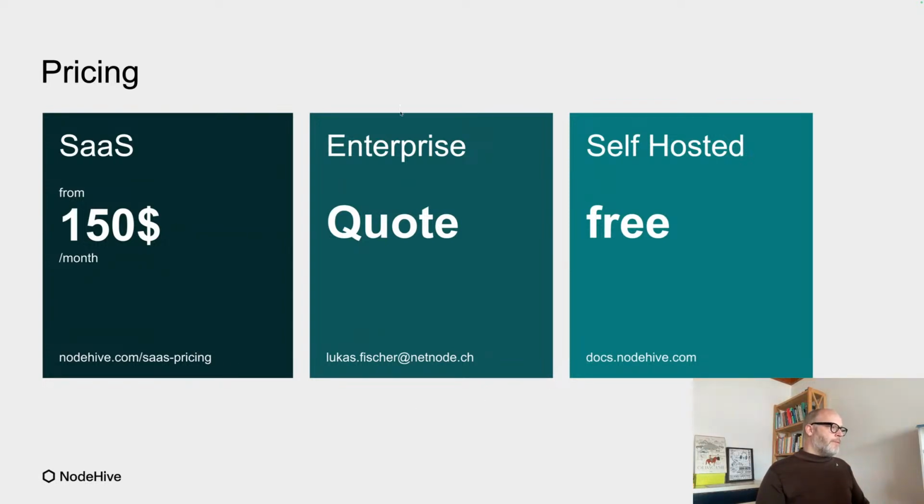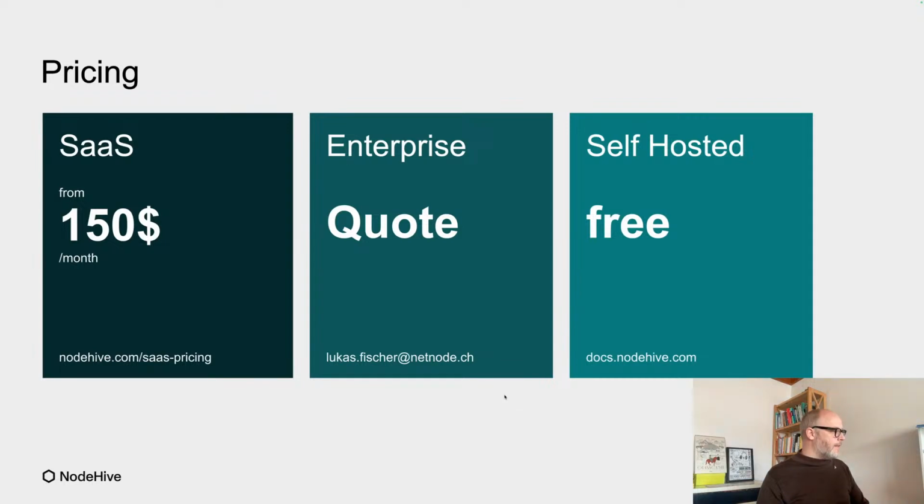If you have an enterprise project, typically we create a quote for that, especially if you have a lot of spaces, a lot of users, and there are additional questions how to set up, and we are here to help you around that. So you can contact me on lucasfischer@netnode.ch.